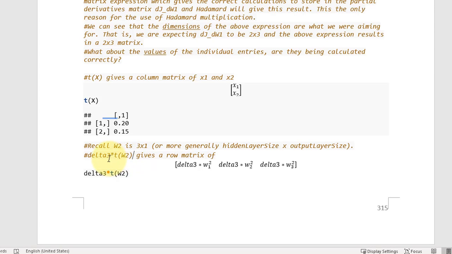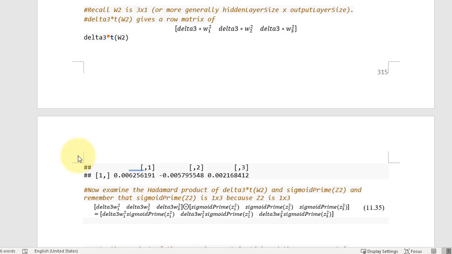That is, we get delta 3 times the first element of the W2 matrix, which is this one, and then times the second element, same delta 3, and same delta 3 times this one. And we can test it out and see what they are.